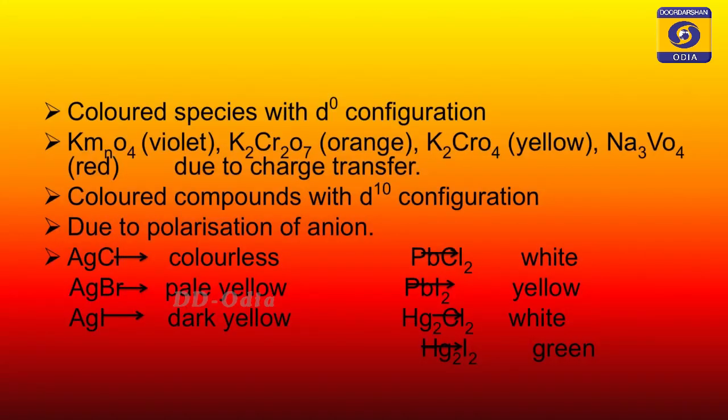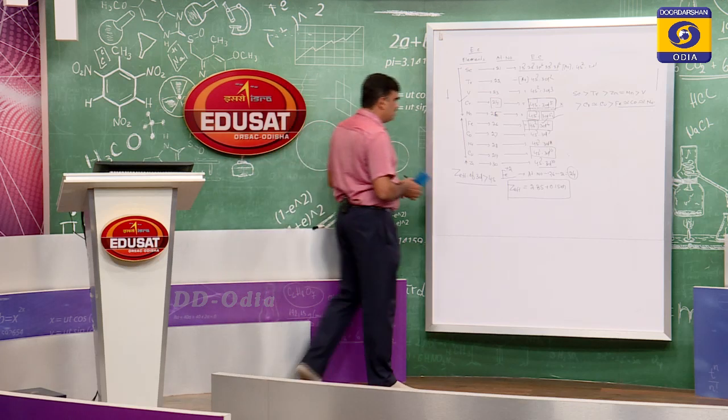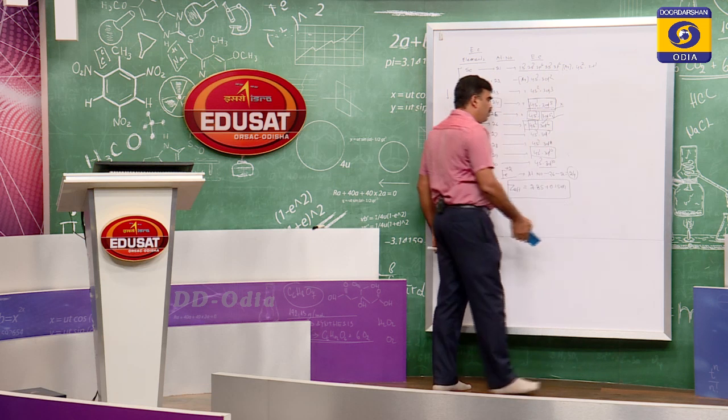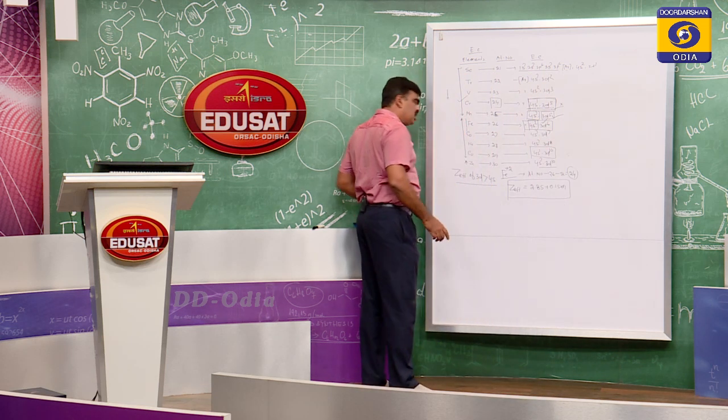Clear? If you look into the general trend of ionization energy among 3d elements, here is a sequence order. This is very, very important from your entrance examination point of view.